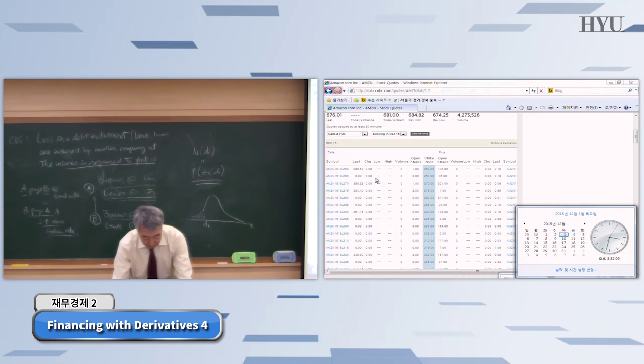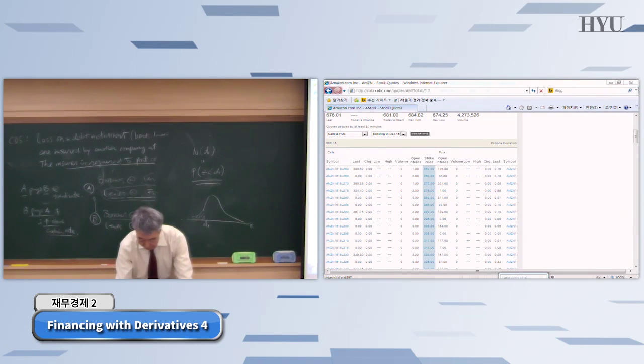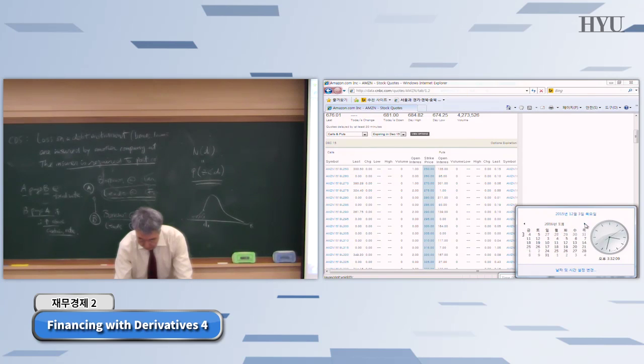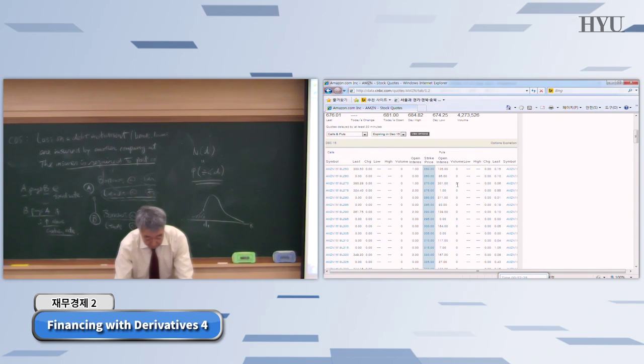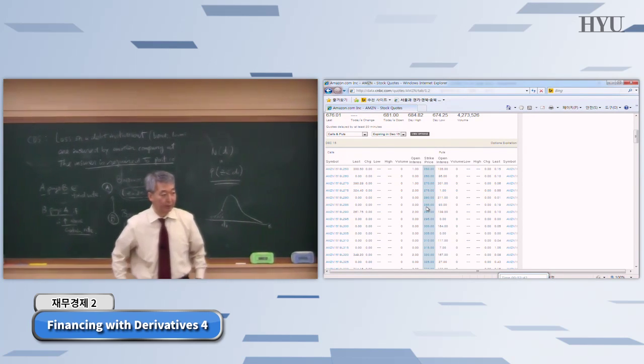And for January, expiration day is 16, right? That's the Saturday following the third Friday, right? Make sure you count the days, okay? And these are the symbols, and if you look at the last three digits, 250, 260, 270, those are actually strike prices. Strike prices, okay?